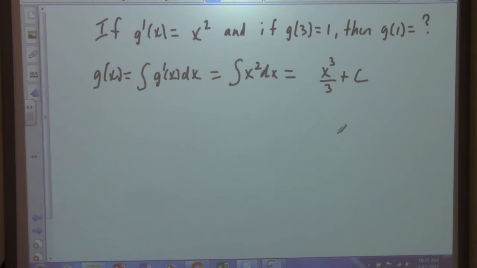All right, so we okay so far? Yeah. Okay, next thing we're going to do, I'm going to make this red, is this is what's called our general solution. But now we're going to use our specific solution, g of 3 equals 1. So now we say 1, because that's in the place of g, equals 3 cubed over 3 plus c.